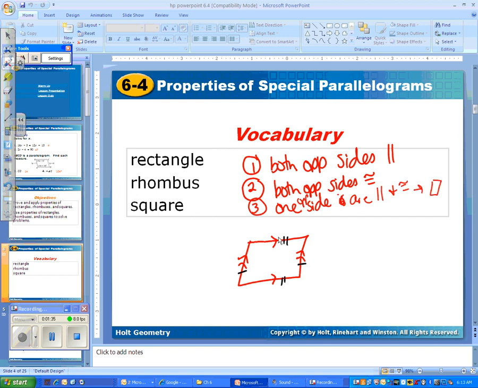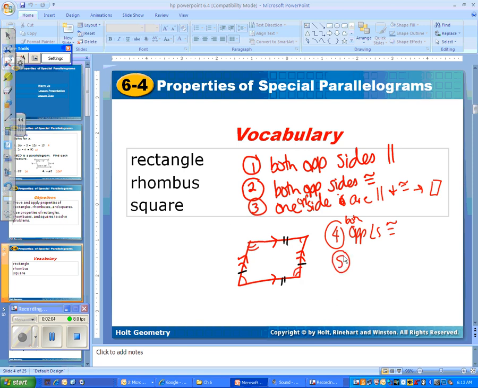So if you don't know anything about these two sides, but you know that this one set of opposite sides are parallel and congruent, you will have a parallelogram. We also know about parallelograms that opposite angles will be congruent. So this angle will be congruent to this angle, and this angle will be congruent to this angle in the rectangle, rhombus, and square.